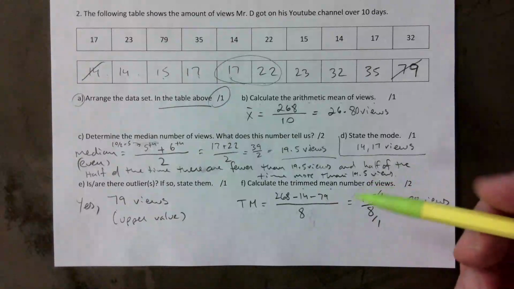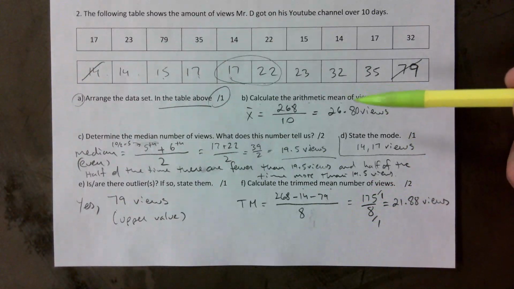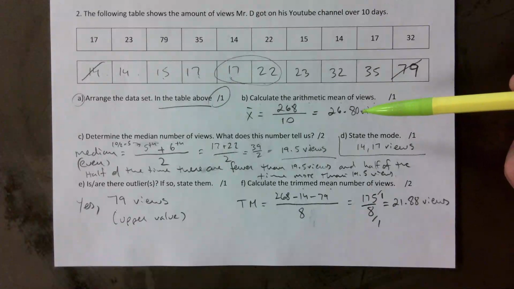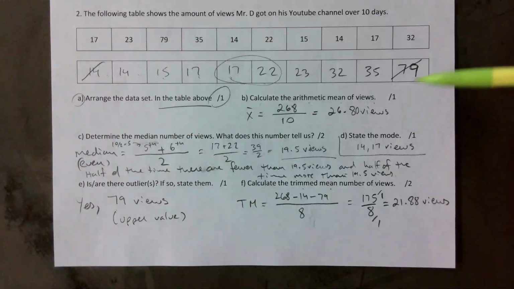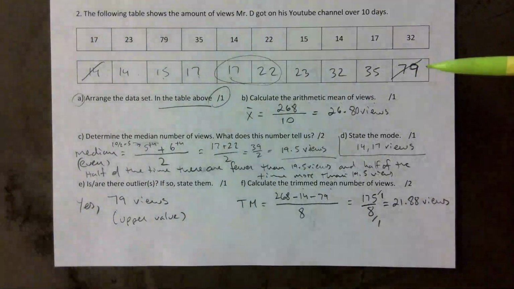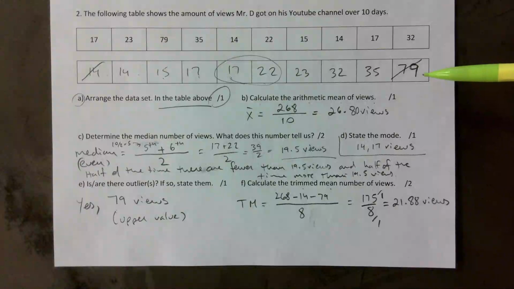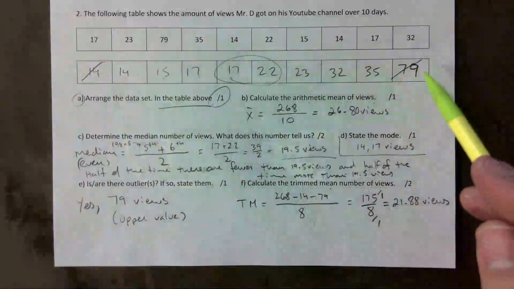So what was my mean before? My arithmetic mean was 26.8. Does it make sense that it dropped? Yes, because the upper outlier has been removed. So imagine this big number is pulling your average up. And if you drop it, of course you drop the lower one too, but this is the outlier.